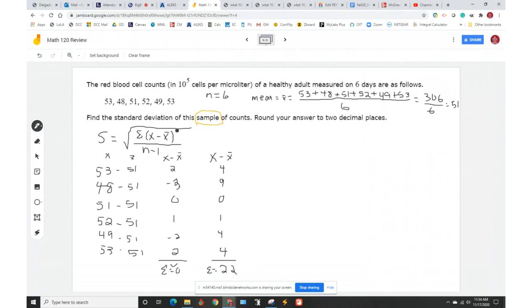Oops, I forgot to put that there. It's that top part. That's your numerator right there. So there's a 22 in the numerator. And then down here, it's 6 minus 1 because it's a sample.